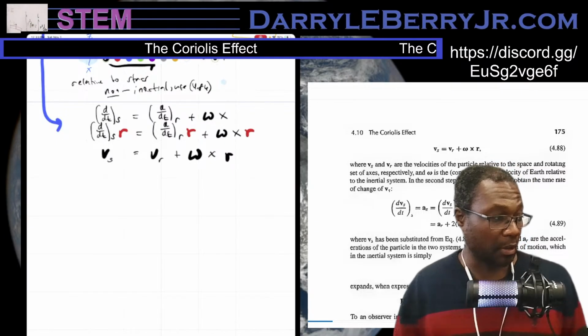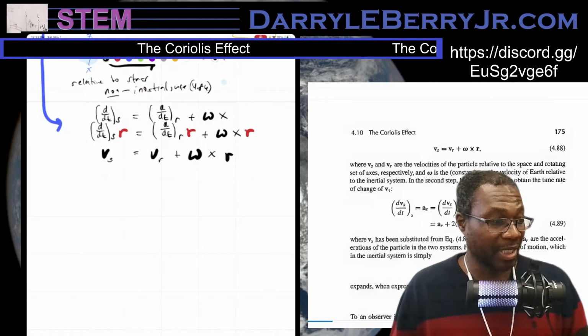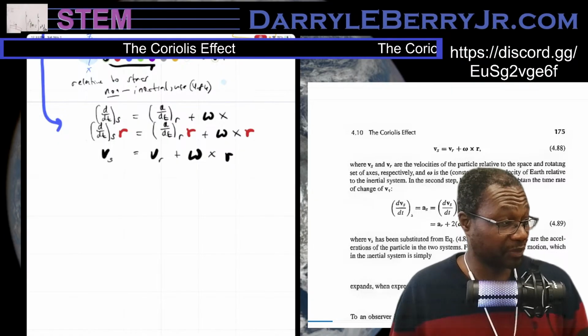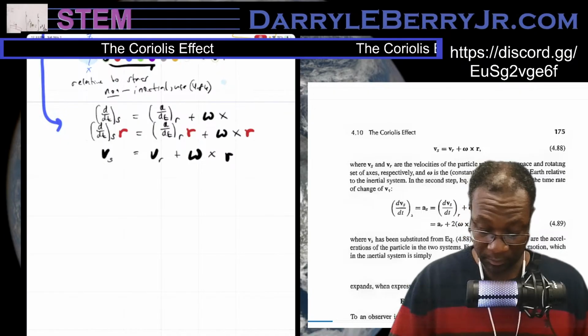But Vs and Vr are the velocities of the particle relative to the space and rotating set of axes, respectively. And omega is the constant angular velocity of Earth relative to the inertial system.